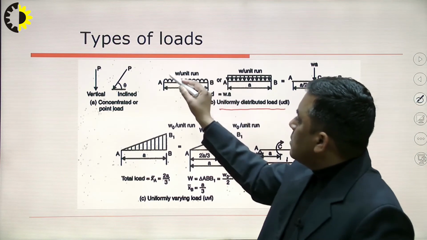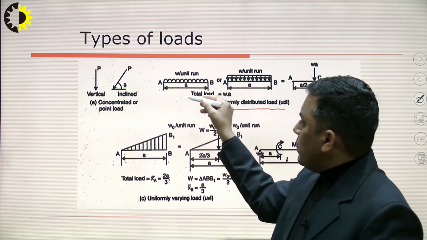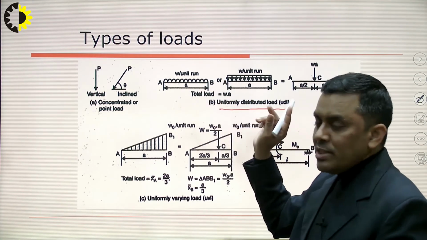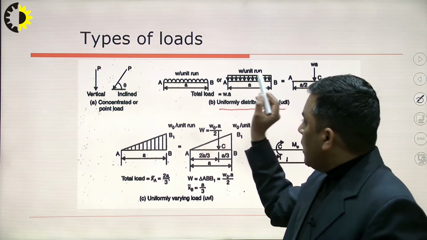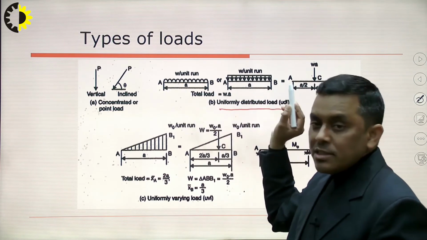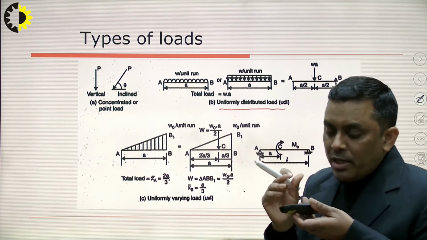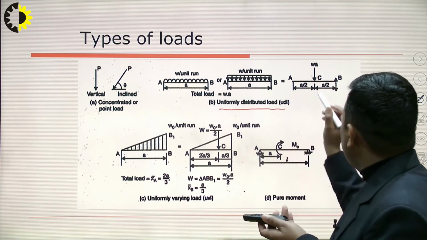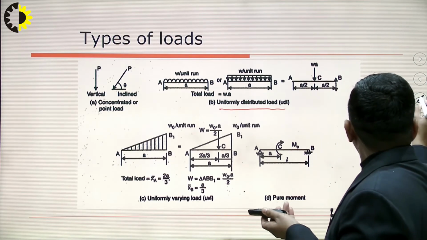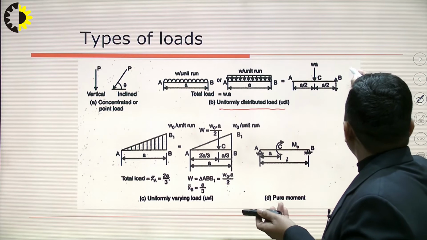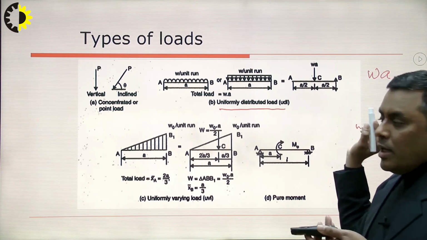How to deal with it? Because when we have to apply the equilibrium equation, we have to convert it into a single load. So if W is the intensity of this load and it is spread over a length A, then to convert it into a single load, it will be W into A. And where will it act?